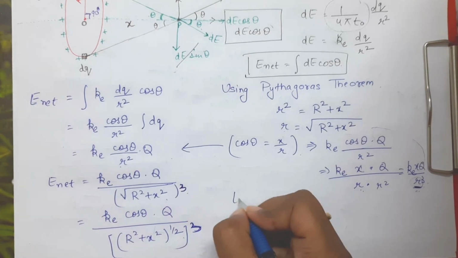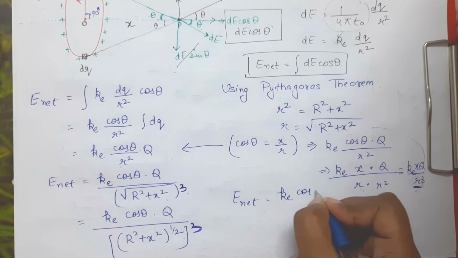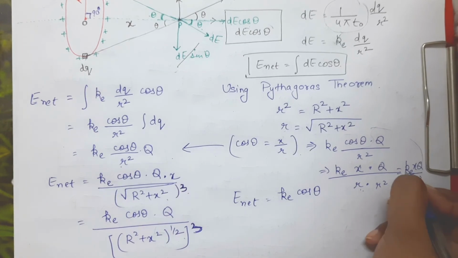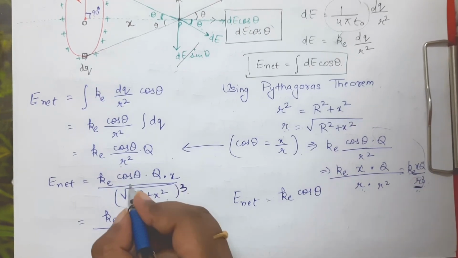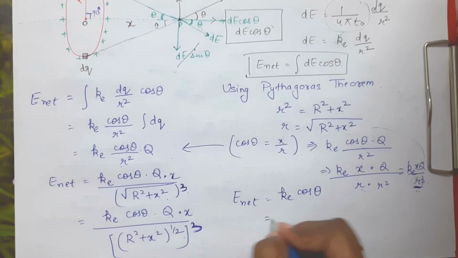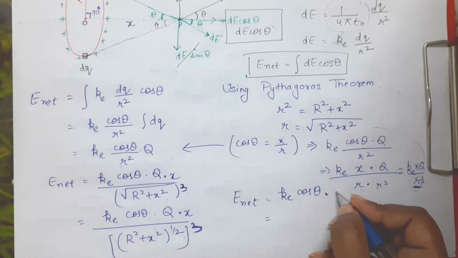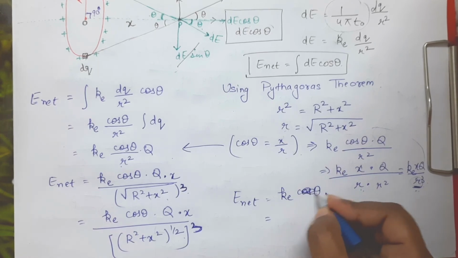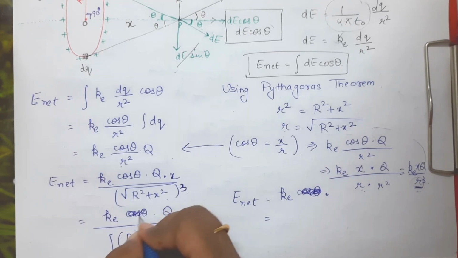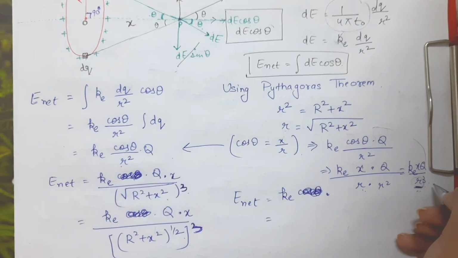So you will get E net is equal to KE x into Q by this one. Not cos theta, KE into x into Q, we have removed cos theta here.